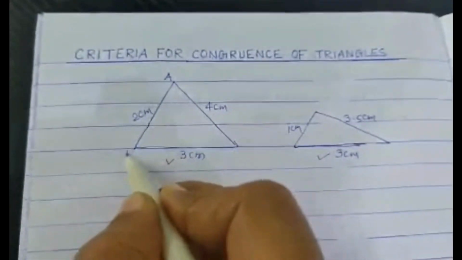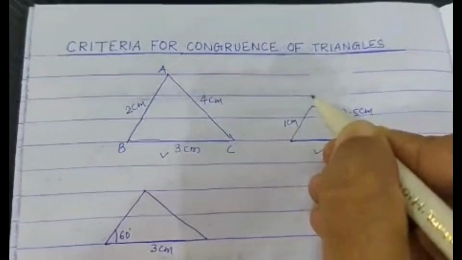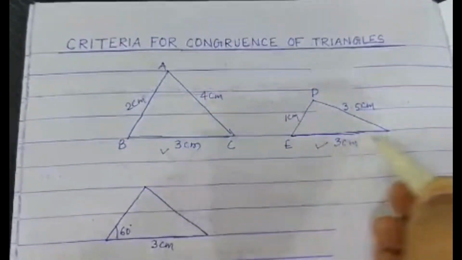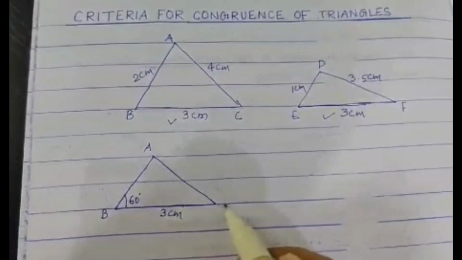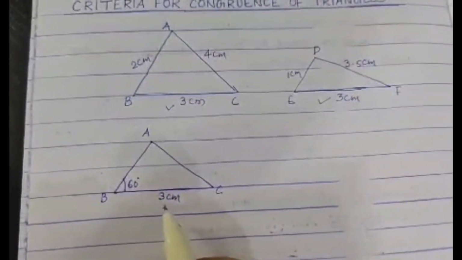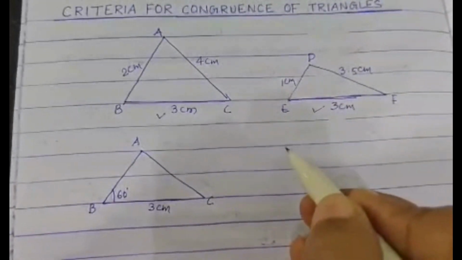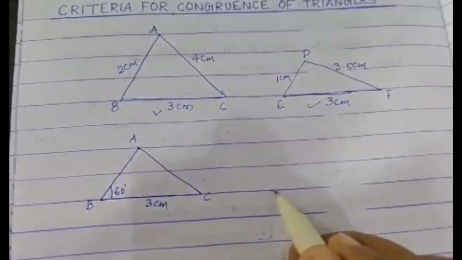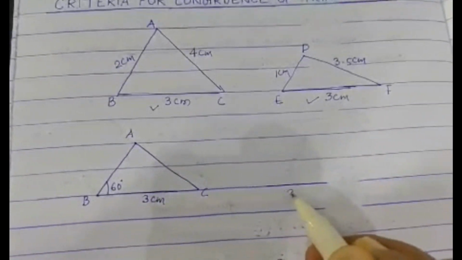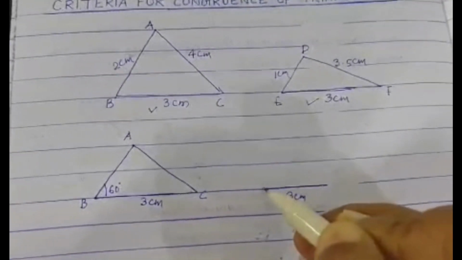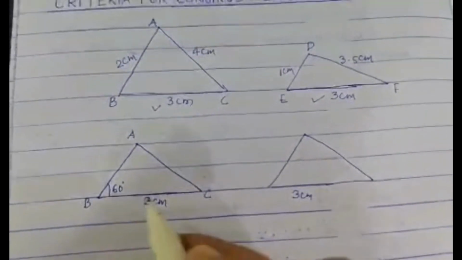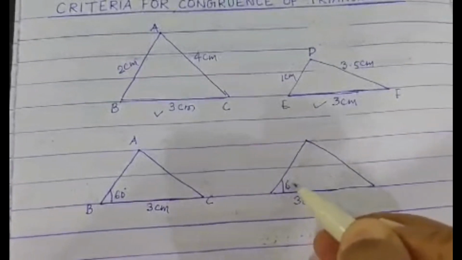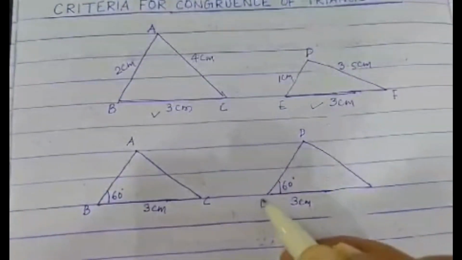Let us name it A, B, C, D, E, F. Okay, here also A, B, C. So this is 3 centimeter, this is 60 degree. Now another one we are taking that this is 3 centimeter, this is 60 degree, and like this 60 degree, D, E, F.